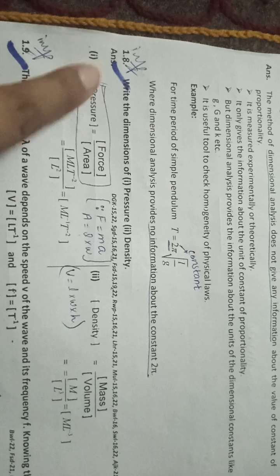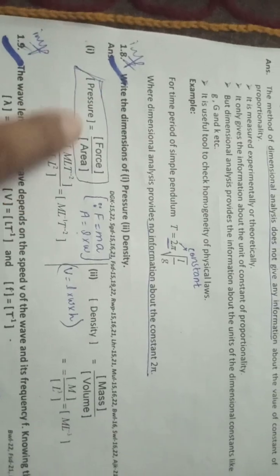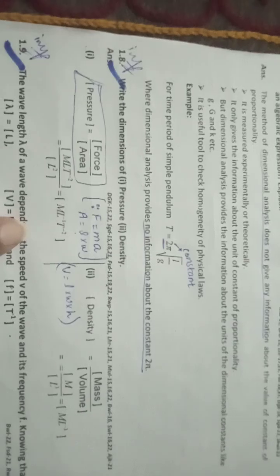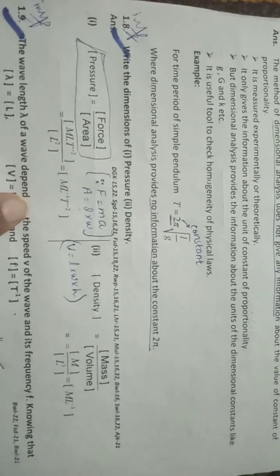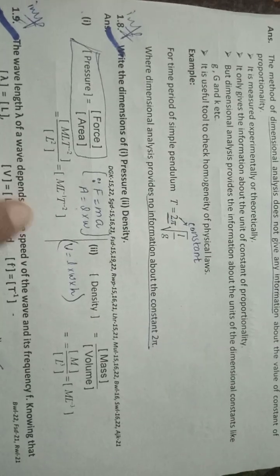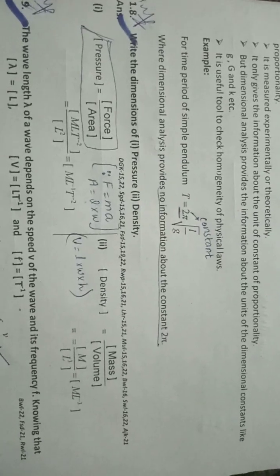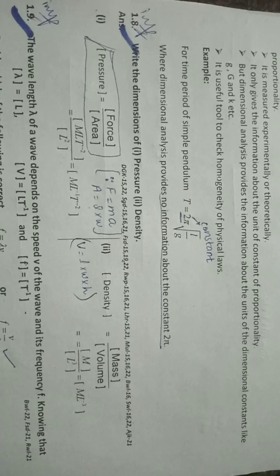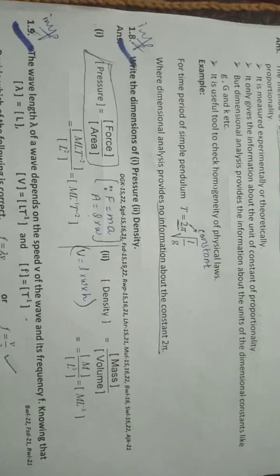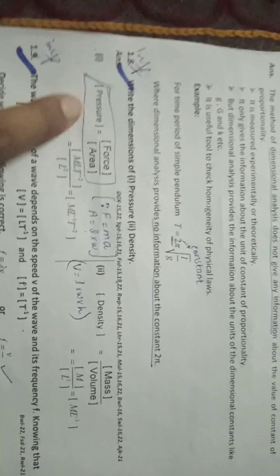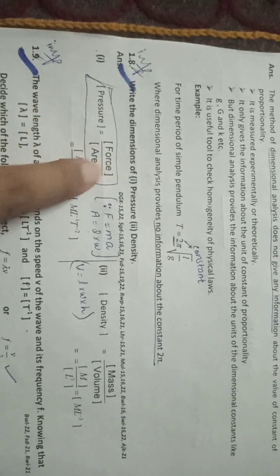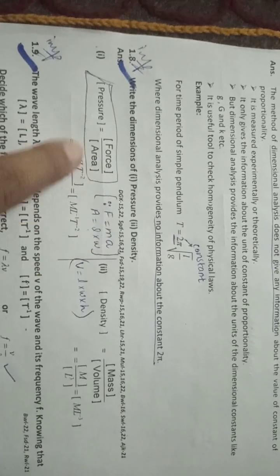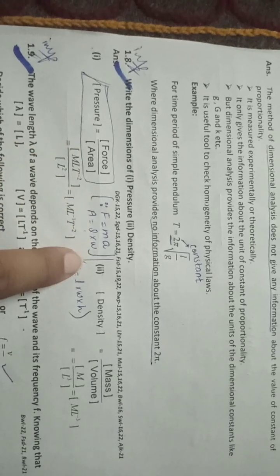The next question is 1.8, and that is a very important question. What are the dimensions of pressure and density? We already discussed in the class how we can derive the dimensions, and we derived some of them in the class. Here you have to derive the dimensions of pressure and density. First you have to know the formula of pressure. Pressure equals force divided by area, force is F equals ma, and area is length into width.